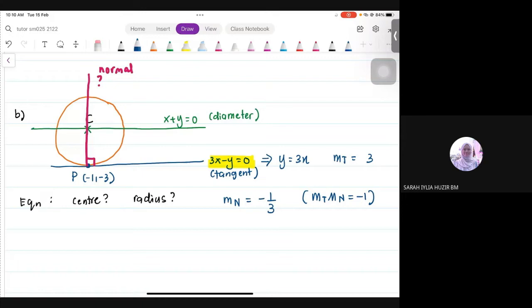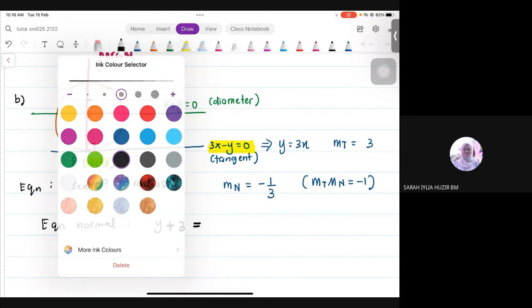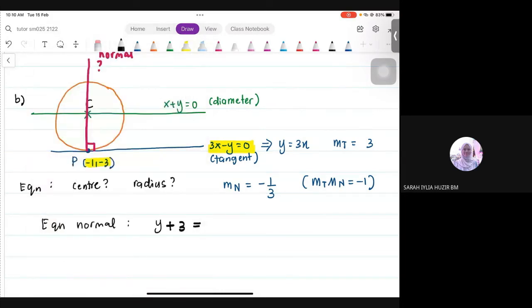So once we obtain gradient normal, dah boleh cari equation normal. So equation for normal, remember formula y minus y1. So y1 apa? Coordinate P. So we have y plus 3 equal to m, -1/3, x minus x1.